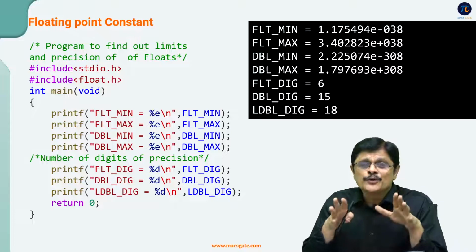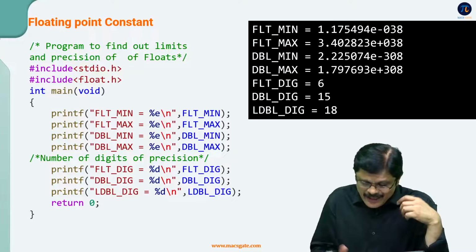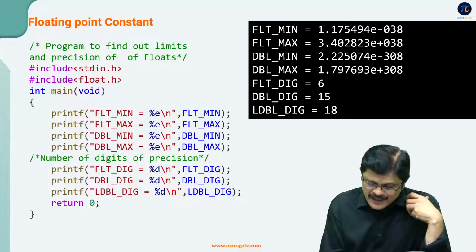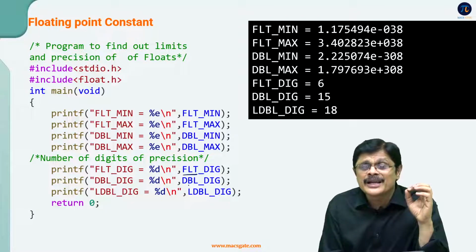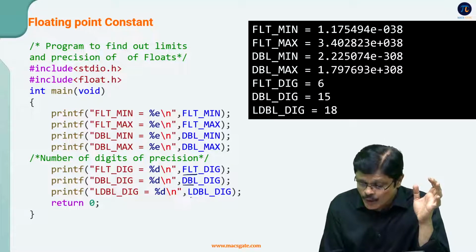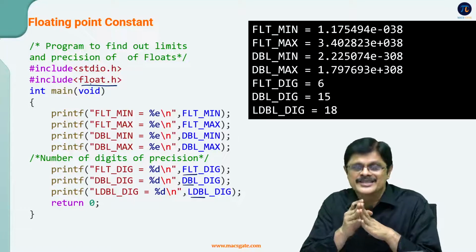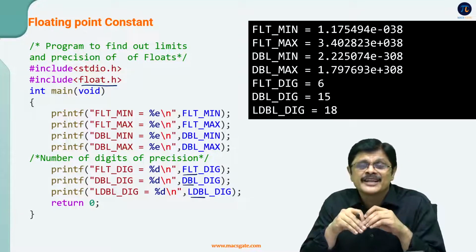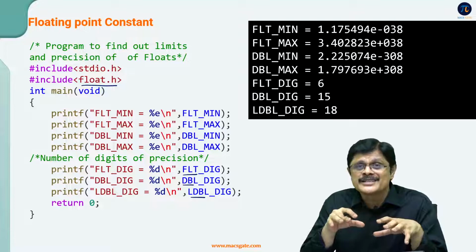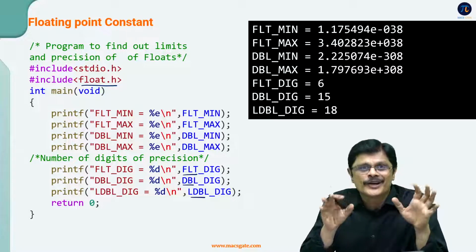And if you want to know how many digits precision float has on your machine, how many digits precision double has, and how many digits precision long double has, you have to use float.h. Macros defining the properties of these float types are defined in float.h.